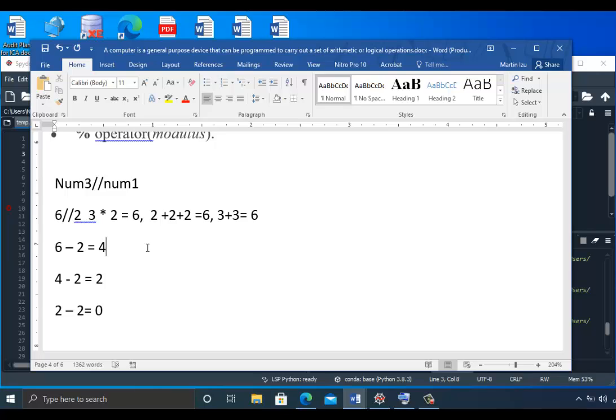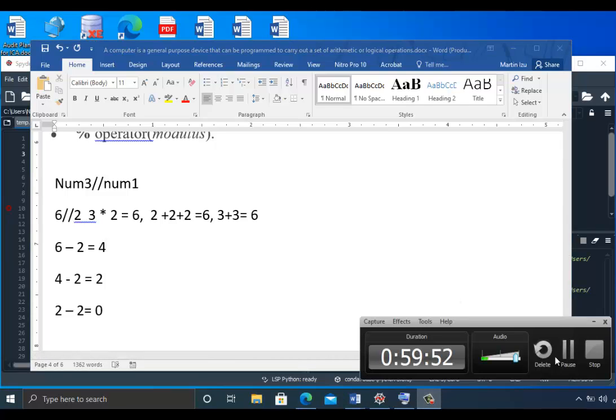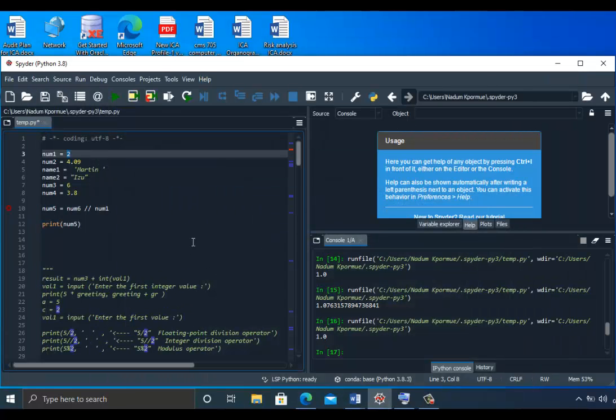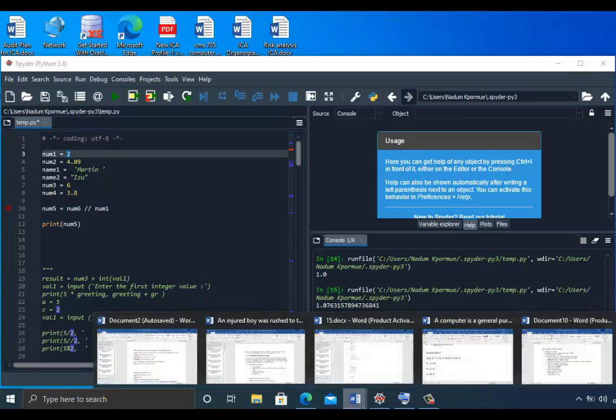When we talk about multiplication, it's how many times a particular operand can be added, as the case may be. So that is that for division, multiplication, addition, and subtraction.